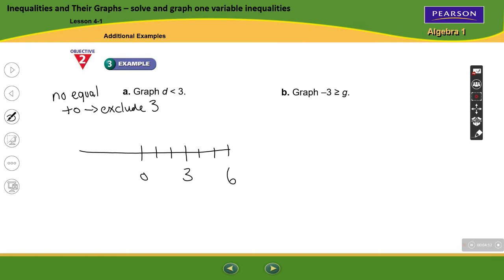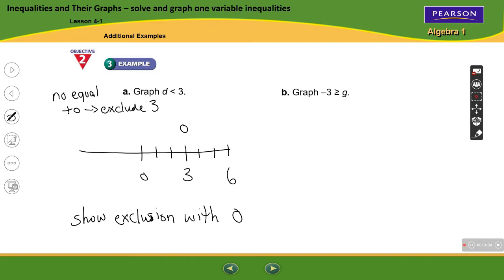We have to be less than 3. And in order to show exclusion, what I mean by exclusion is I'm leaving it out. 3 is not part of the solution. Show exclusion with an open circle. So above 3, we're going to put an open circle.